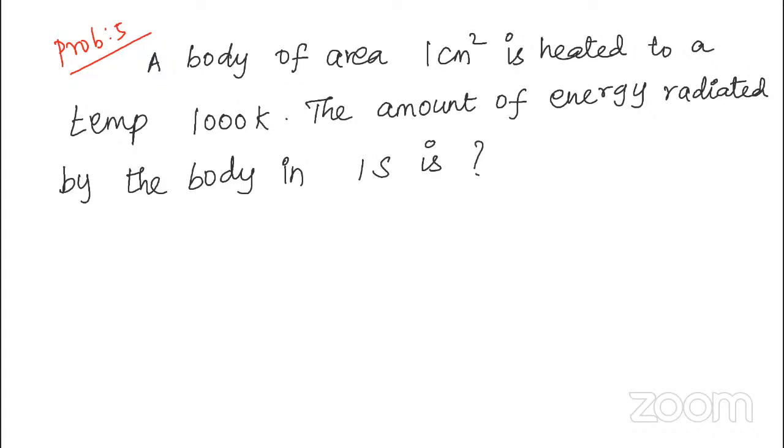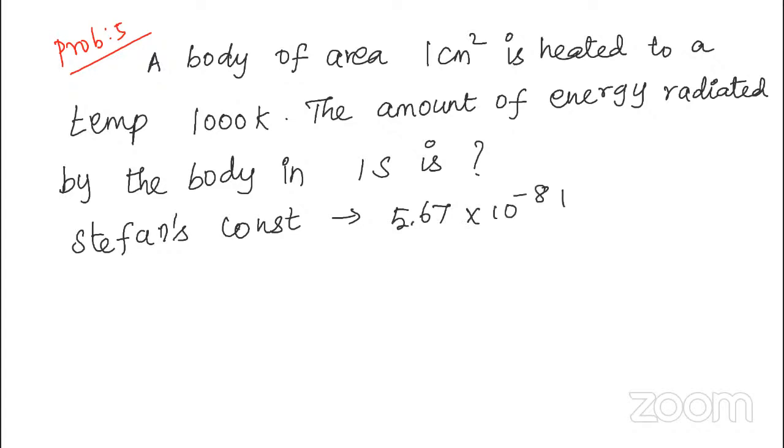That is the question. And here they have given the Stefan's constant value, which we know very well: 5.67 into 10 power of minus 8 watt meter power minus 2 Kelvin power minus 4.